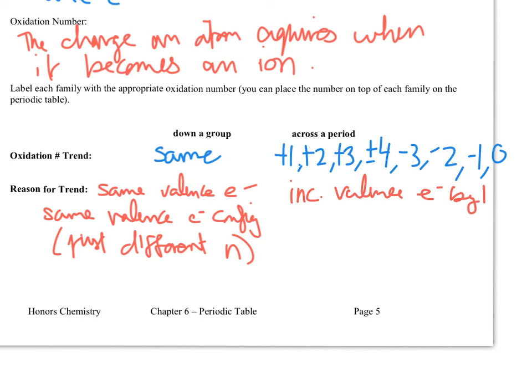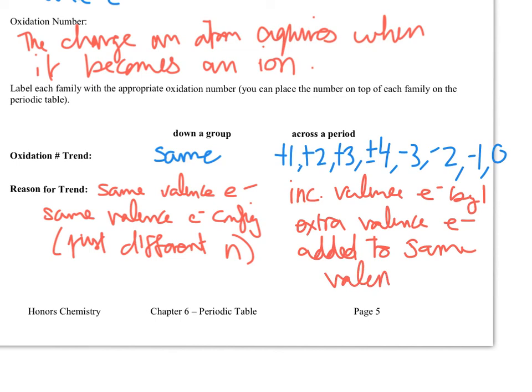And the reason for that is because extra valence electrons are added to the same valence energy level in the electron configuration. So again, I could ask you what is the oxidation number, I could ask you for what the trend is, or I could ask you for the reason for that trend.